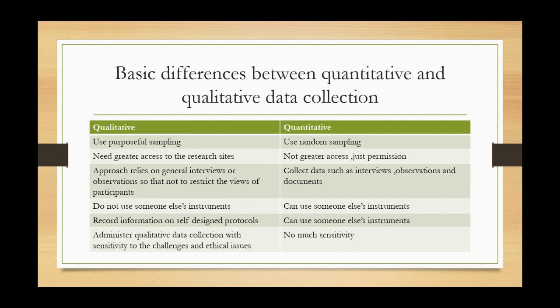So this process requires a greater level of participation from the site than the quantitative research process does. You need greater access to these participants and to the sites, because you do a typical observation and a typical interview with the people that you are studying.